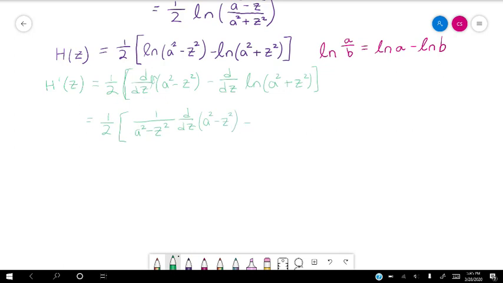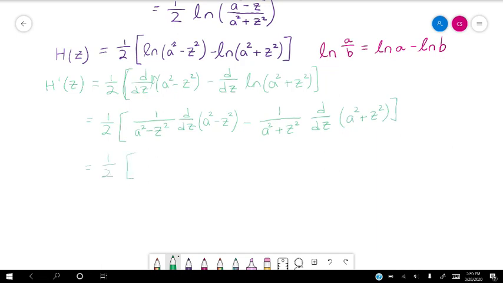All right, and then minus, and rinse, wash, and repeat, the derivative of the natural log of u is just 1 over u, so 1 over the argument. And then the derivative of the inside function. Okay, let's see what we have.